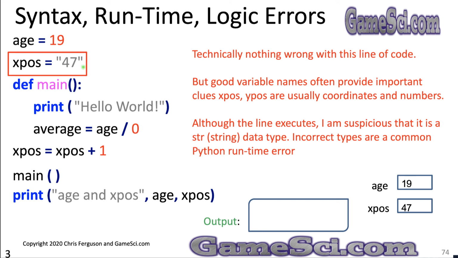Those double quotes are worrying me a little bit. So even though this line of code works properly, you've got to be careful here. These are the letters 47, not the number 47. So although this line executes, I'm suspicious that it's a string data type. Incorrect types are a common Python runtime error. You've got to be very careful of the types when it comes to Python.